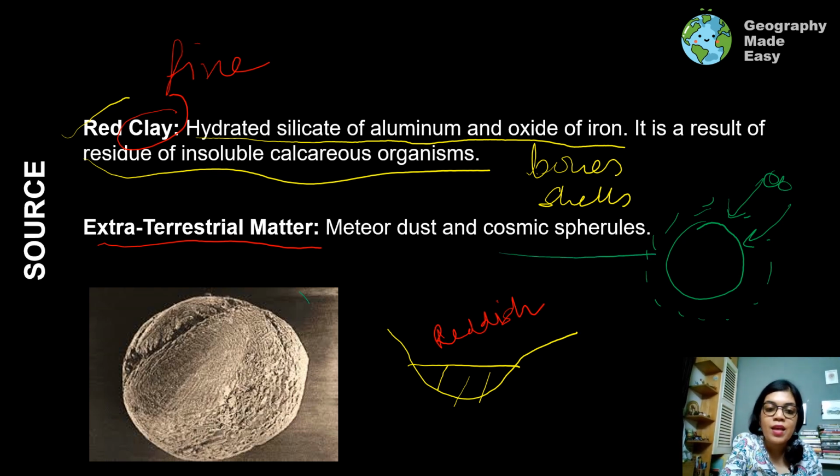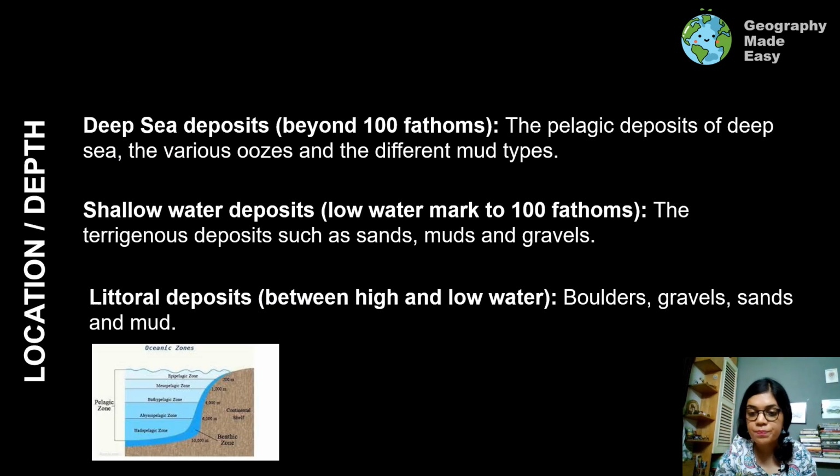This is one photo of a cosmic spherule, and they provide a lot of data about space. They are important for geologists and oceanographers to understand past sea conditions, because their composition is different from the rocks seen on the earth.